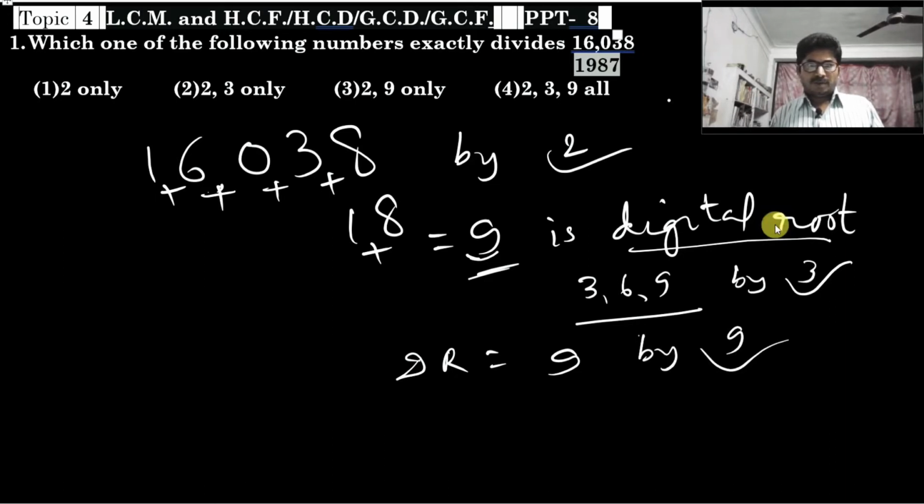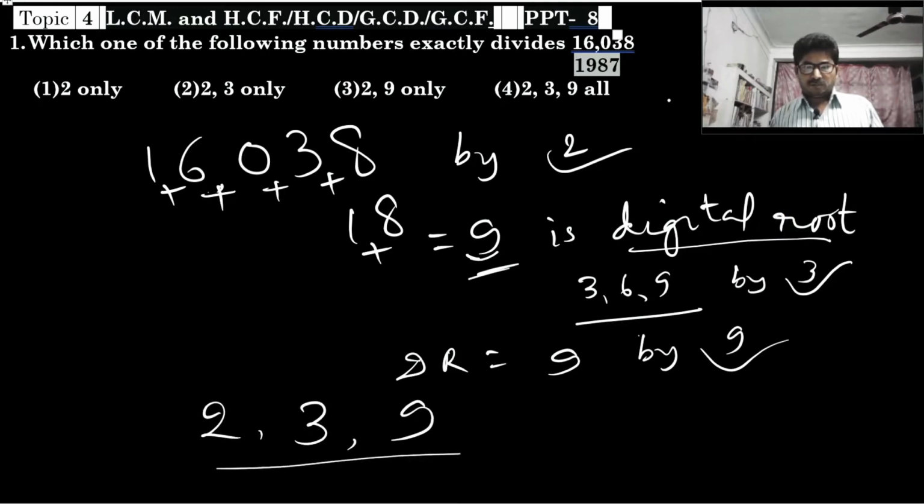So this number 16,038 is exactly divisible by 2, 3 and 9. So option 4, 2, 3, 9.